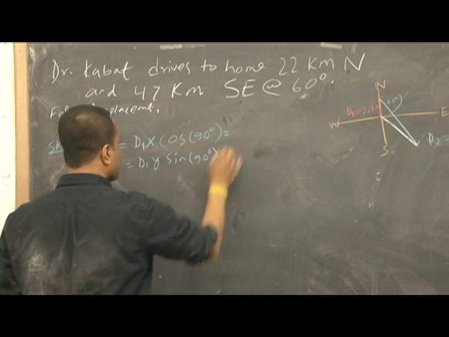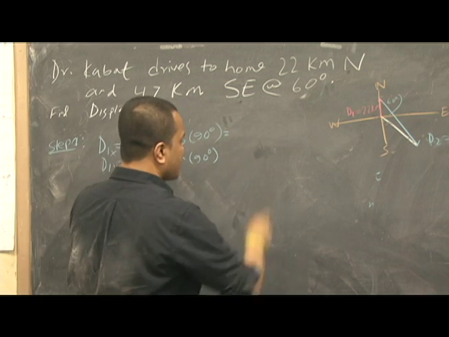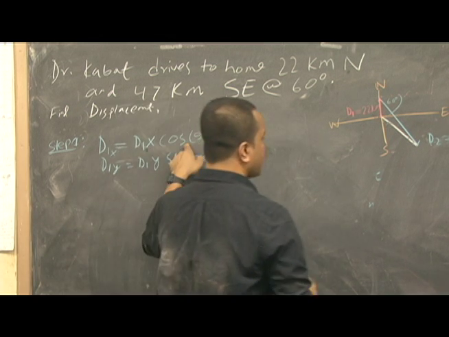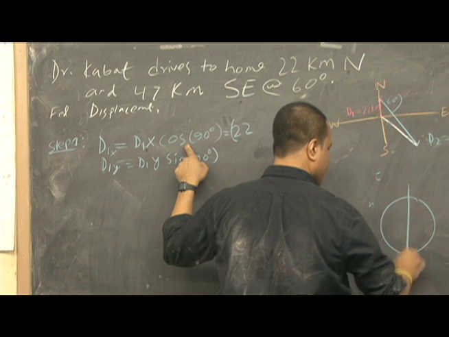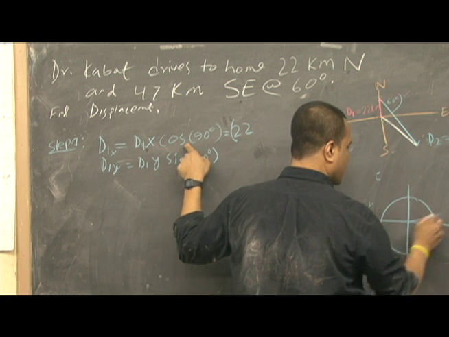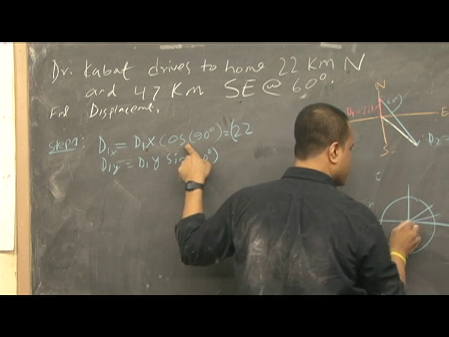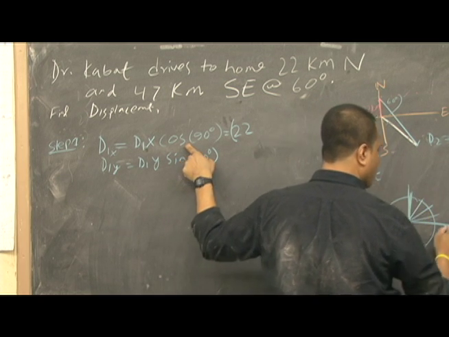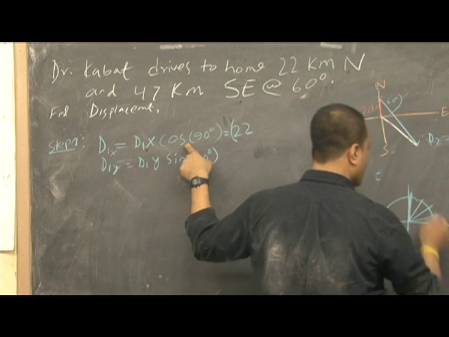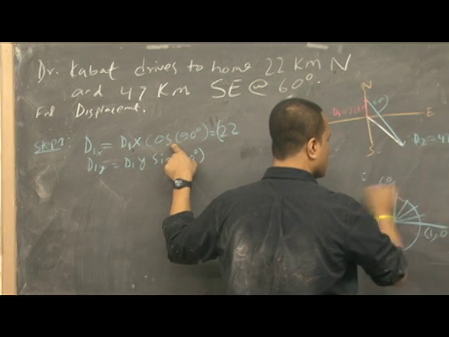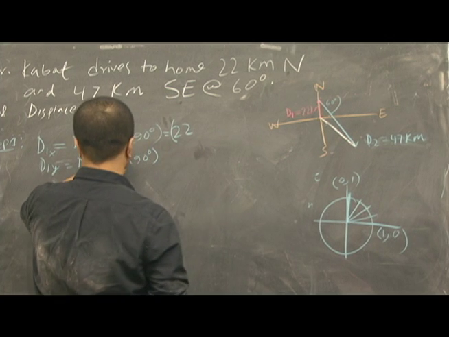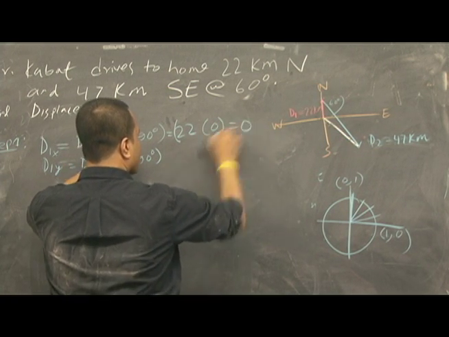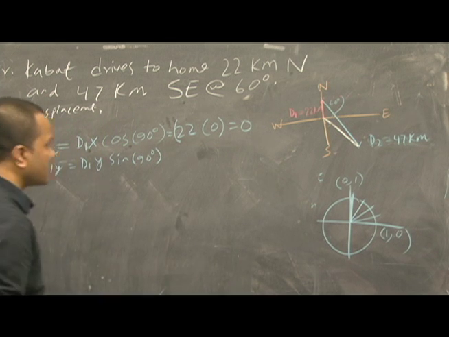Here cosine 90 degree is 0, sine is 1. So D1x is 22 times 0, which is 0, and it is obvious.